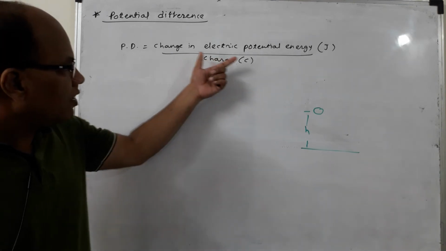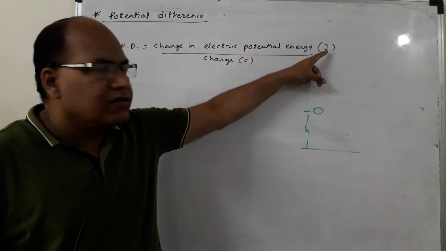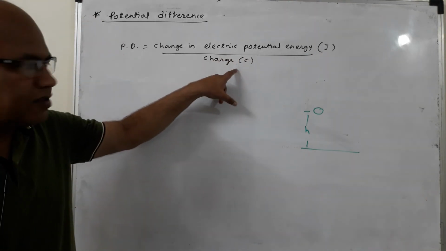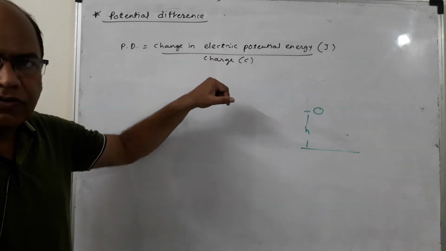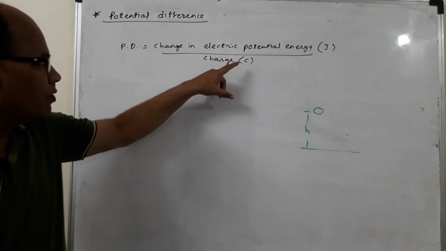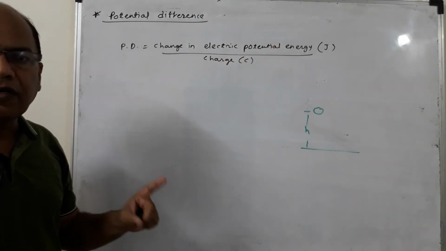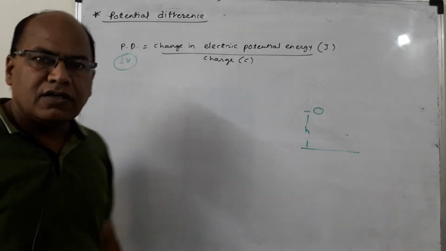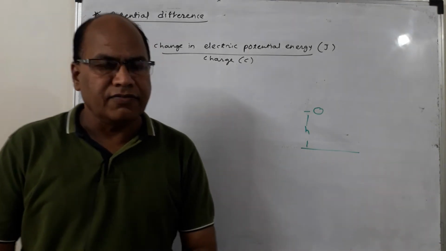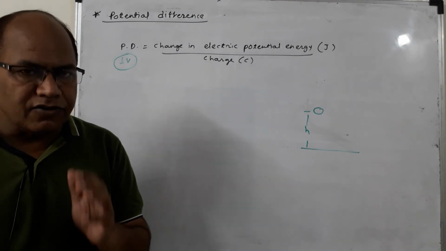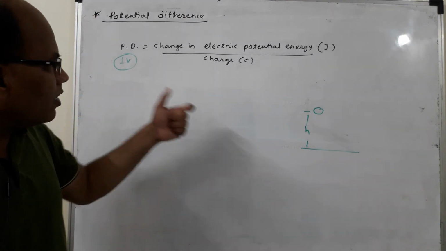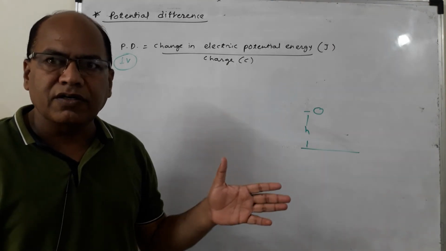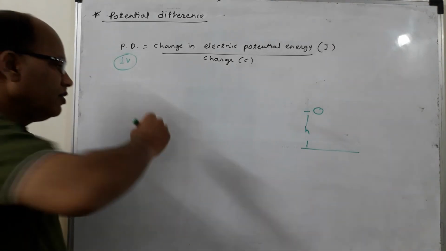So if the change in potential energy is 1 joule for a charge of 1 coulomb, then 1 joule per 1 coulomb is called 1 volt. So volt is the SI unit of potential difference. Potential difference can also be defined as work done in moving a unit positive charge from one point to another point.